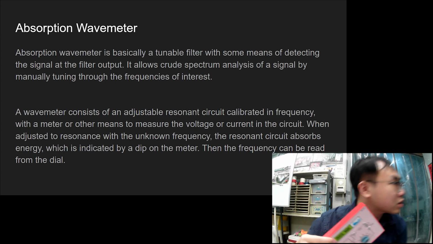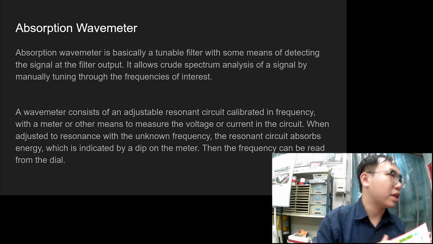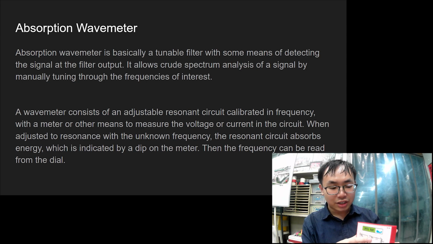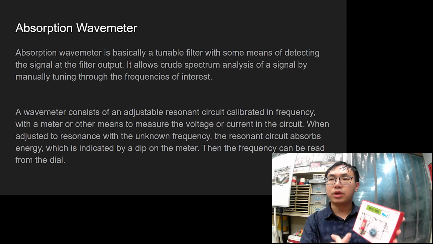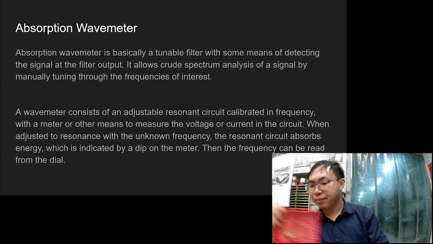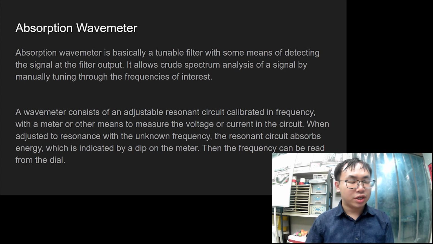So if you see resonance circuits in your exam, don't panic. It is just the circuit for you to tune in your AM radio or FM radio. They are equivalent. We make use of resonance circuits to tune our frequency.